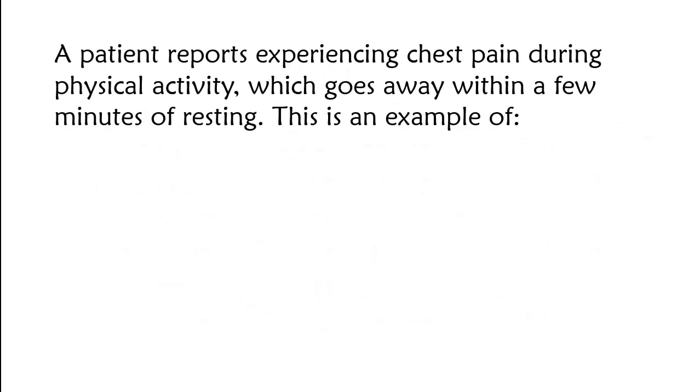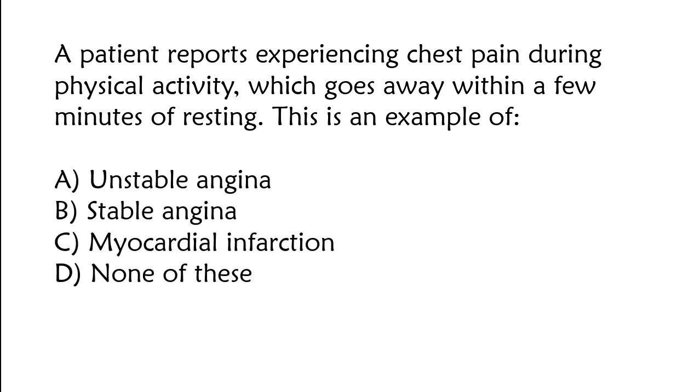A patient reports experiencing chest pain during physical activity, which goes away within a few minutes of resting. This is an example of unstable angina, stable angina, myocardial infarction, none of these. The correct answer is option B, stable angina.